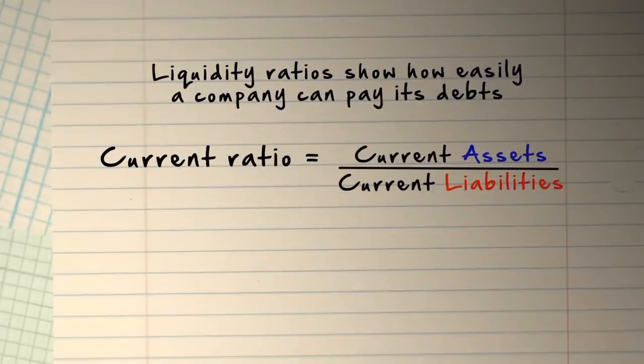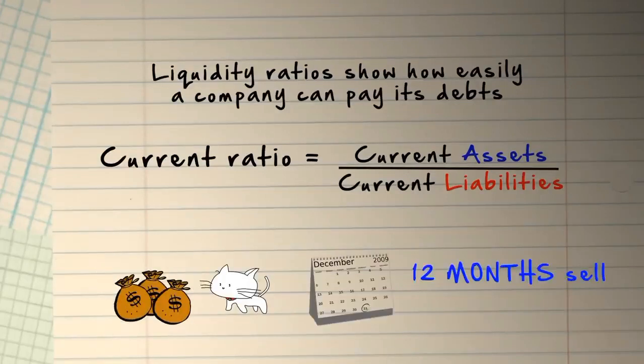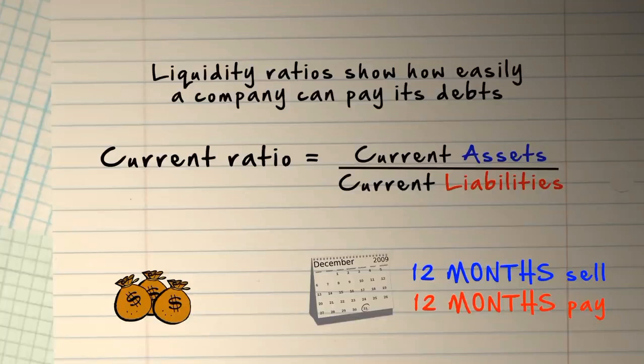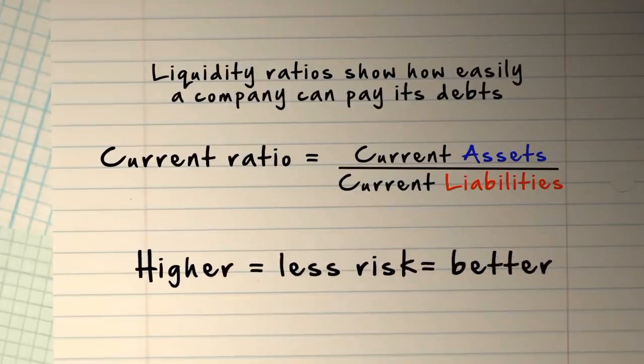This tells us how much of your company's stuff can be easily changed into cash within the next 12 months, so that it can pay debts which need to be paid also within 12 months. The higher your current ratio is, the less risky a situation your company is in.